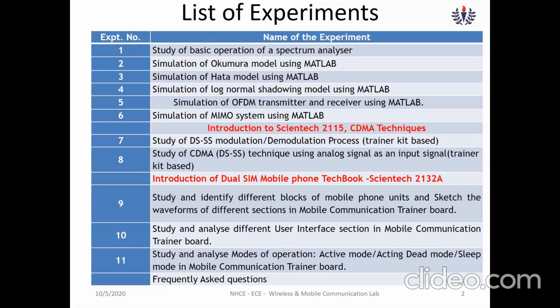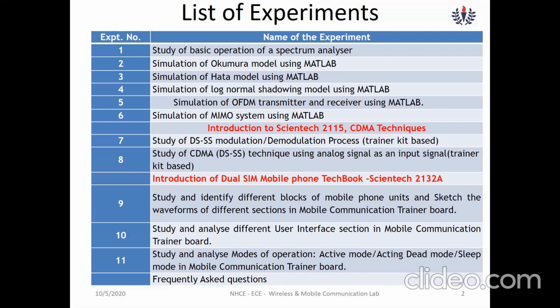The GSM handset working model is explicitly available with the Scientech 2132 trainer, which can be used for our further investigation, to see the different waveforms at different points of the mobile phone and different voltage levels. We are going to understand how exactly our mobile phone works when a call is received and transmitted, and how my mobile works as a transceiving unit.